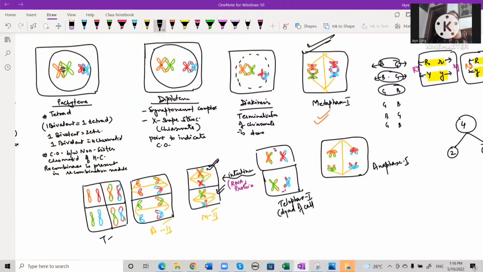So this is telophase 2, also known as tetrad of cell. This is dyad of cell, this is tetrad of cell.